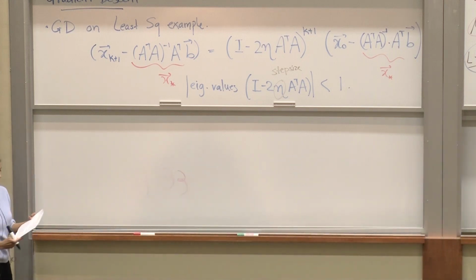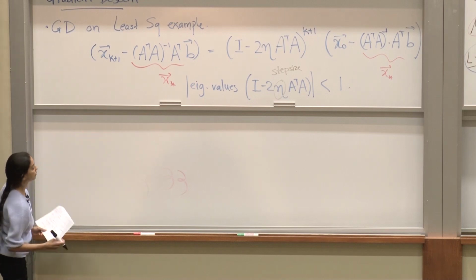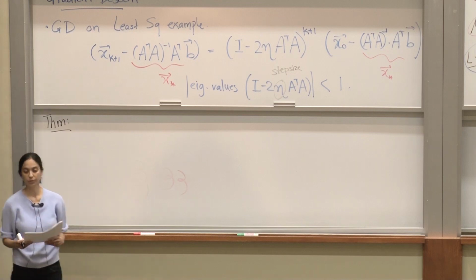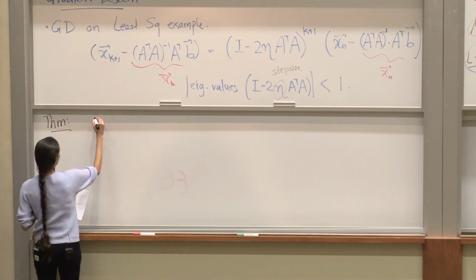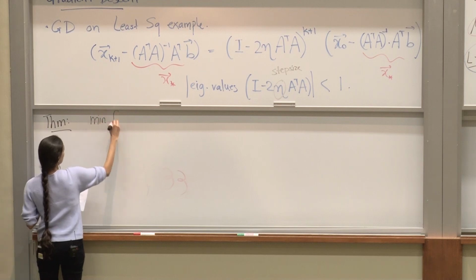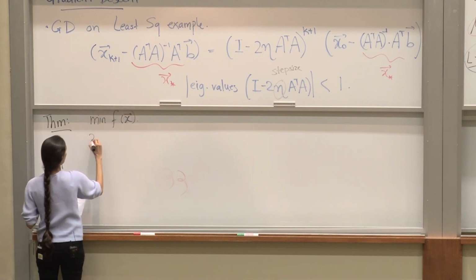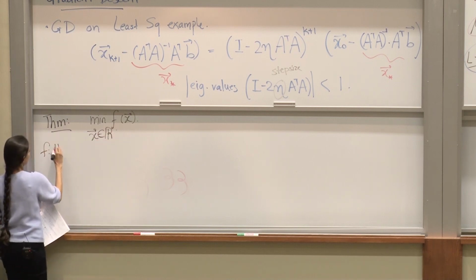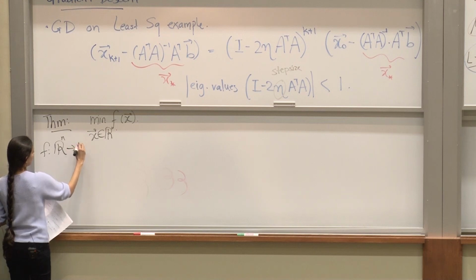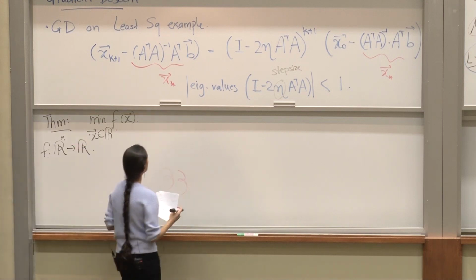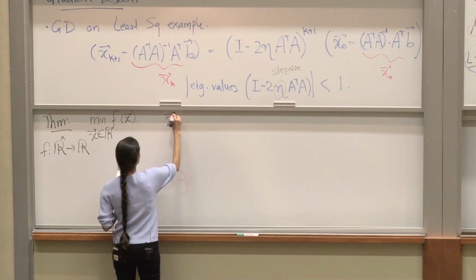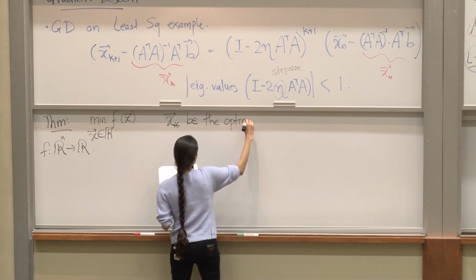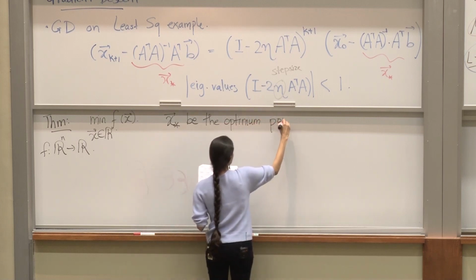But for now, for a function that satisfies this kind of setup, what do we want to prove? We want to basically prove a theorem of the following form, right? Let's say I want to find the min of some function f of x over, let's say, x belonging to R^n. Let's say f is an unconstrained function, so it's going from R^n into R. Let x star be the optimum point.